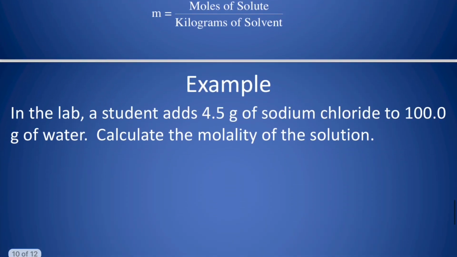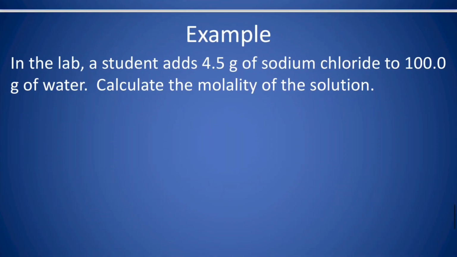So let's look at some examples here. Our first example says, in the lab, a student adds 4.5 grams of sodium chloride to 100 grams of water. Calculate the molality.